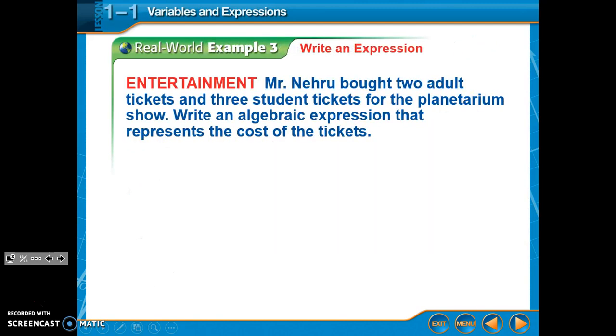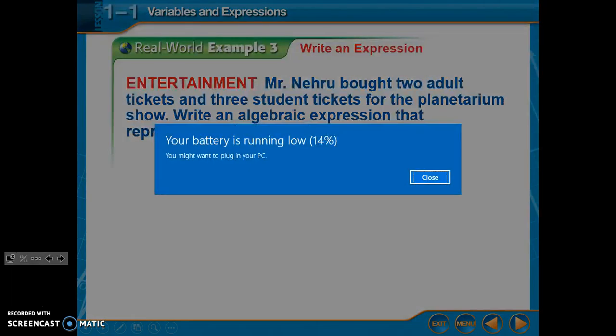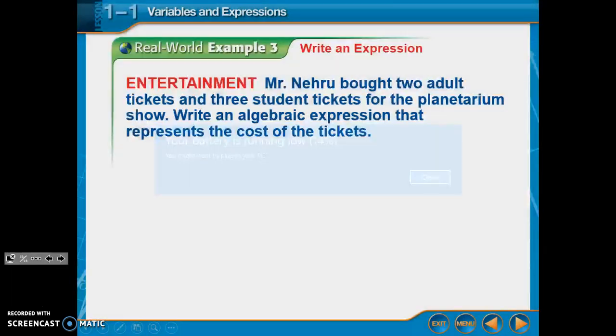Okay, so looking at a word problem. Mr. Nehru bought 2 adult tickets and 3 student tickets for a planetarium show. Write an algebraic expression that represents the cost of the tickets. So, I want to write an algebraic expression. We're assuming that an adult ticket is going to have a different price than a child's ticket. So let's say an adult ticket is going to be A dollars.